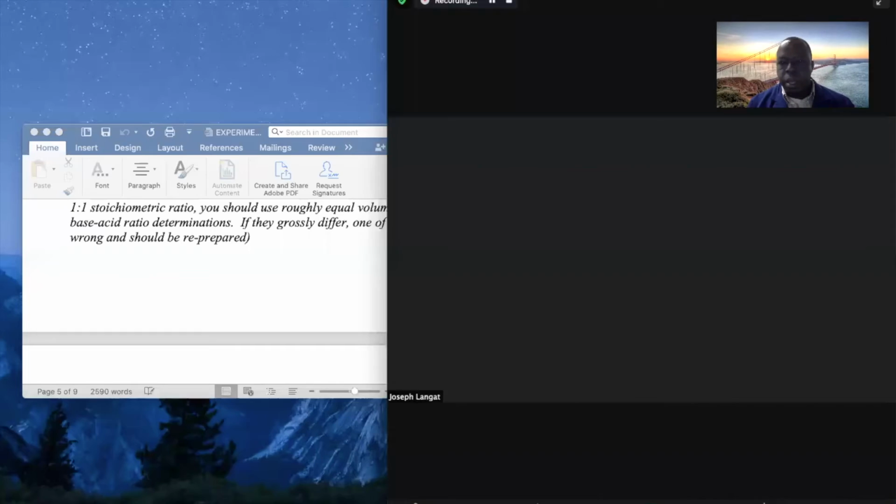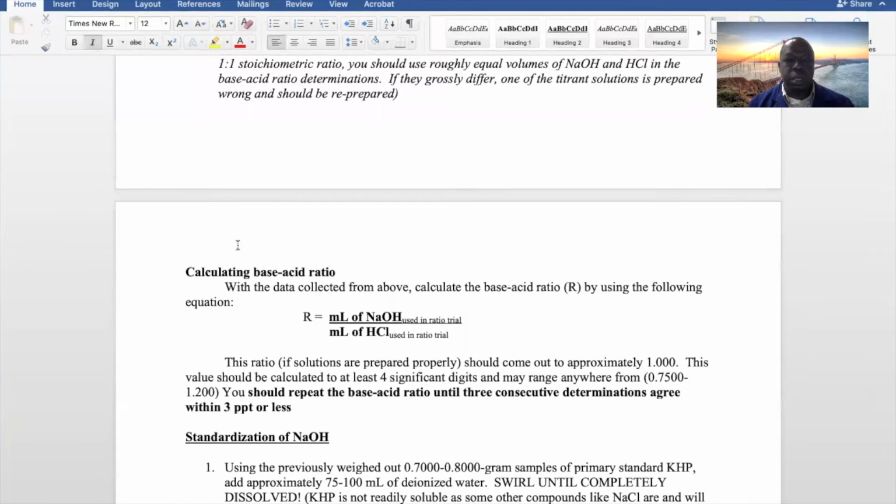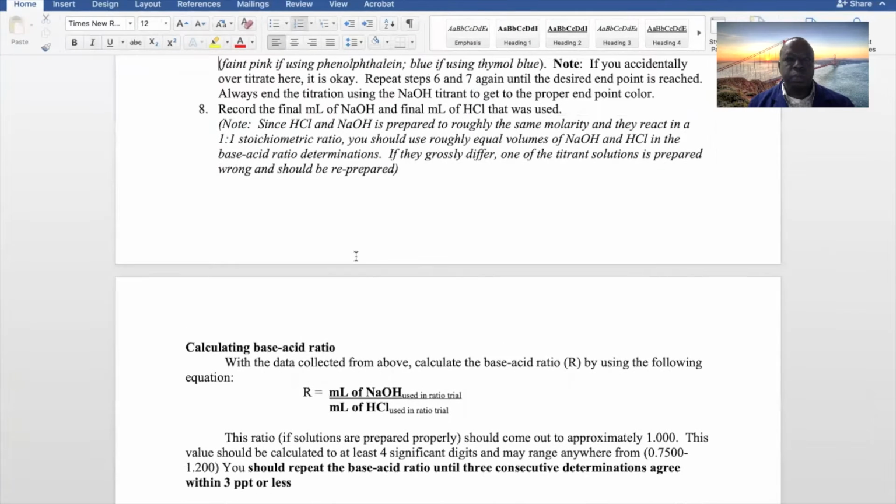So let me share my screen here and pull up the data sheet. This is the data sheet where I know everybody did the phase acid ratio and calculated the R value, with three consecutive readings within 3 parts per thousand or less in agreement.